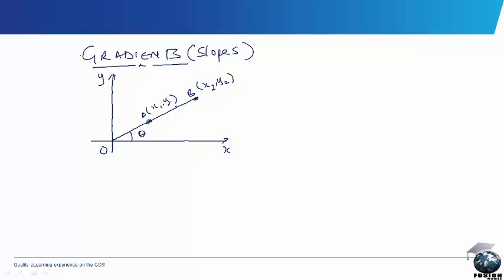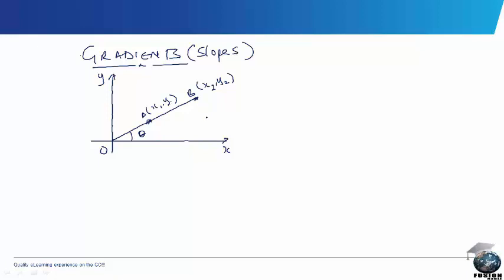This is the line that joins the two points, and this is the angle the line makes. We will find that the gradient of the line is the tangent of this angle of slope.